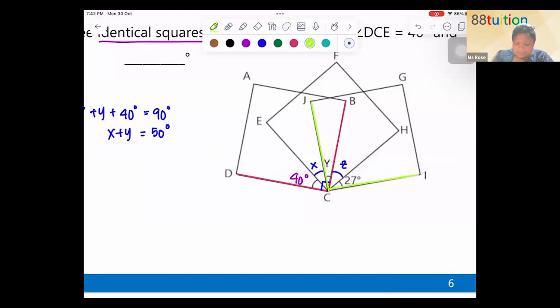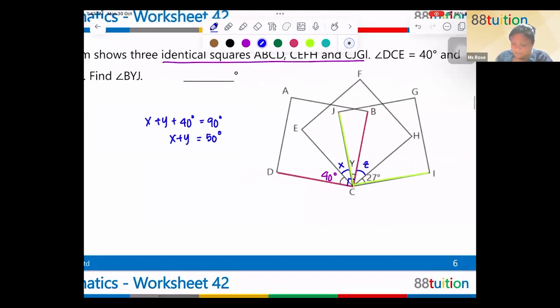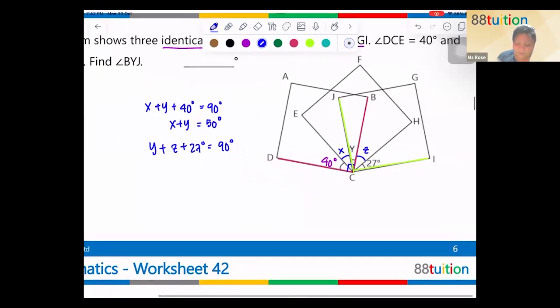That means Y plus Z plus 27 degrees is equal to 90. That forms the corner of the square. So that means Z plus Y is equal to 63 degrees.